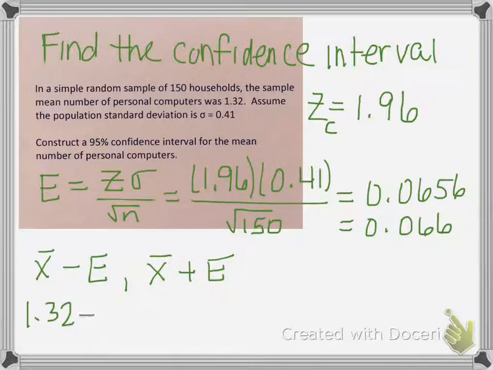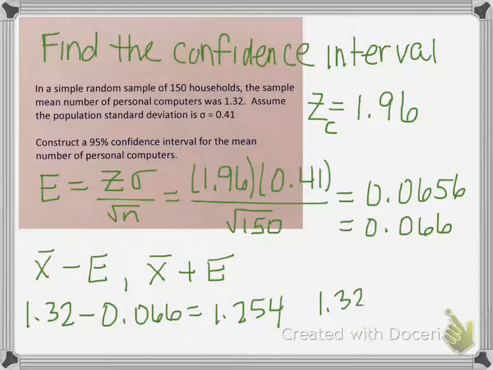So our sample mean is 1.32. I'm now going to subtract our margin of error, and I get 1.254, and then I also add it, and I get 1.386.